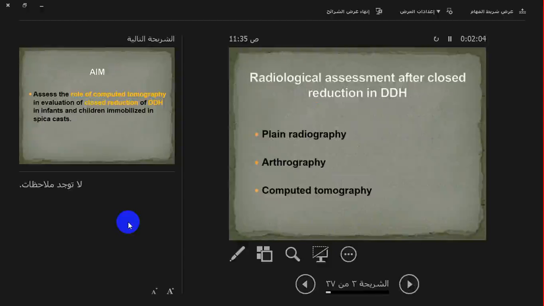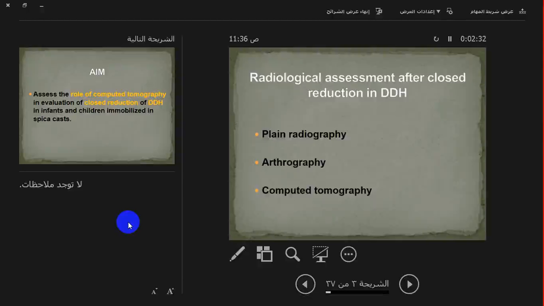Radiological assessment after close reduction in DDH involves plain radiography. وزي ما الدكتور يحيى تفضل وقال plain radiography never tells you where the ossific nucleus is exactly. It can tell you on the AP that it's there, but it might be posterior because it is not a three-dimensional image, and you cannot get a proper lateral view in those patients with hip spikers in the human position.